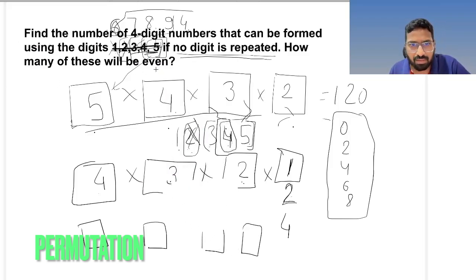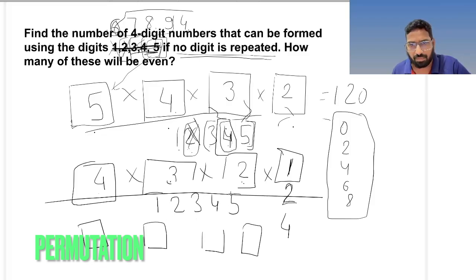Now the question starts again from here: 1 2 3 4 5. I have these 5 digits and I have to choose a 4 digit number with no repetition allowed, and the number should be even.